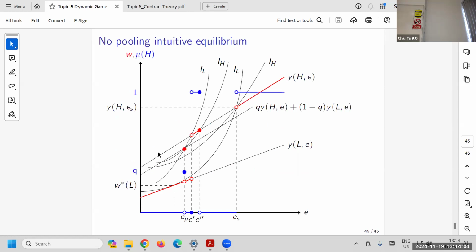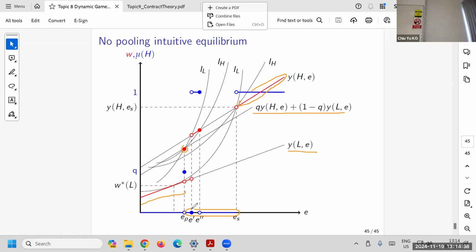Although it looks pretty crazy here, let's make ourselves easy. Okay, let's look at this pooling equilibrium, right? This is the Q, right? And this L you have here, right? This is the point. And because in the domination, we have that one as well, right? And this will be here. Okay, so that is the original pooling equilibrium, right?